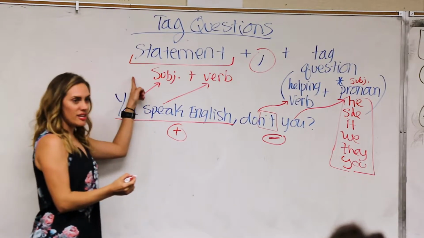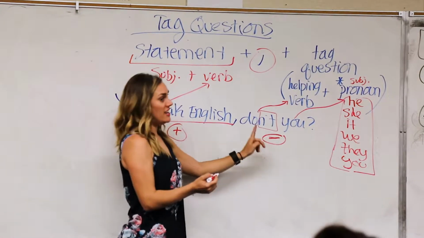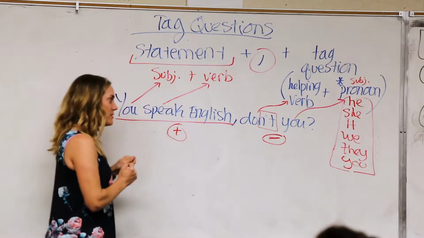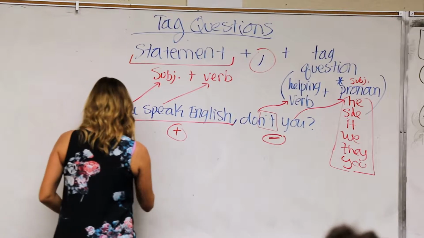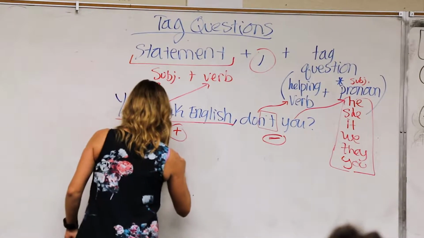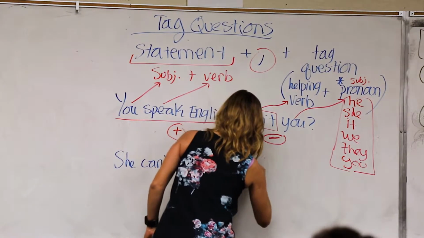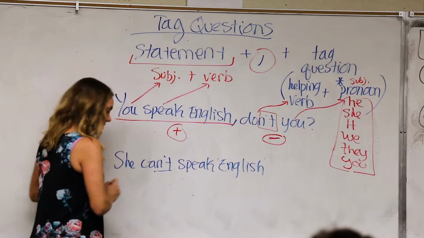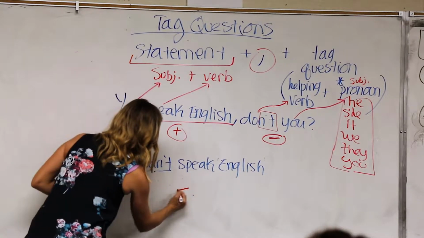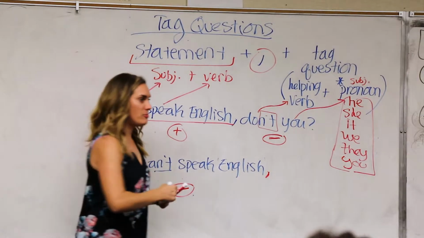So when the statement is positive, the tag must be negative. And when the statement is negative, for example, you don't speak English, so look, now it's negative. So when the statement is negative, the tag must be positive.